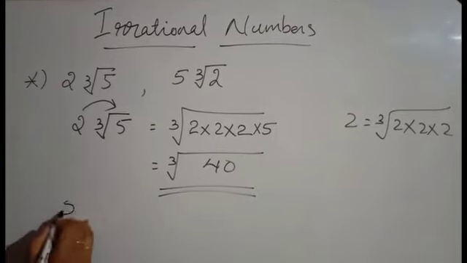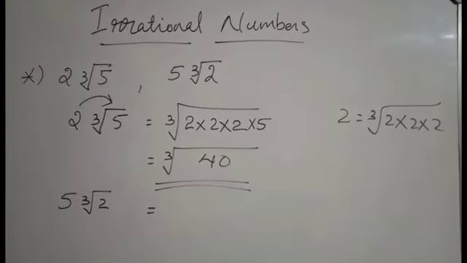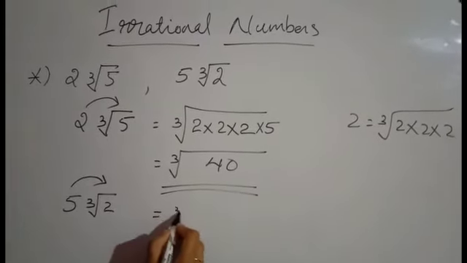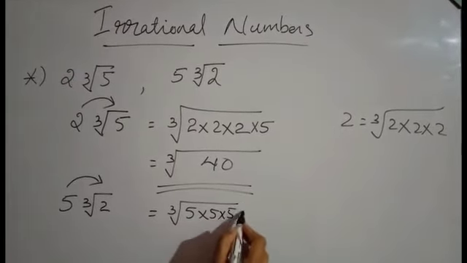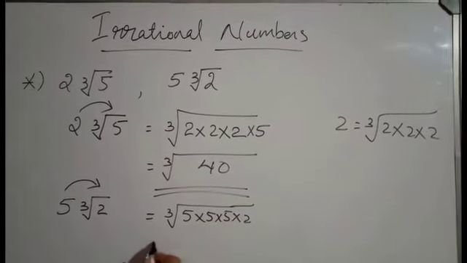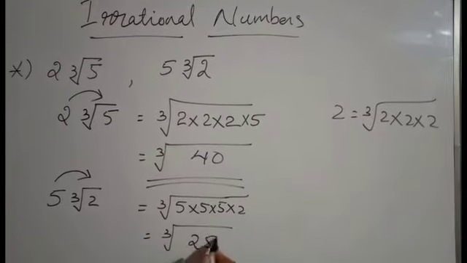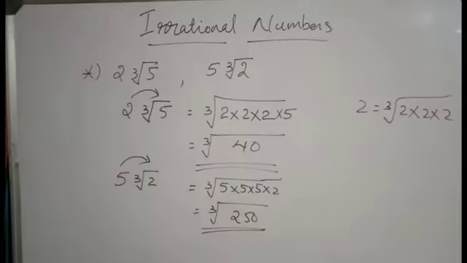Now 5 cube root of 2 is equal to, here you need to bring 5 inside the cube root. So this will be cube root of 5 into 5 into 5 into 2. So how much will this be? This is cube root of 250. Here we have written 3 times 5 inside the cube.